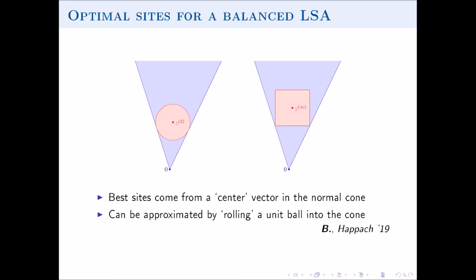That's a classical concept in computational geometry. And the best sites would then be the center vector, the vector that goes to the center point of that unit ball. These are not simple mathematical programs to solve. They're at least quadratic, there's no convexity, so these are not easy to solve, but they would give an idea of what the best sites can be in practice.